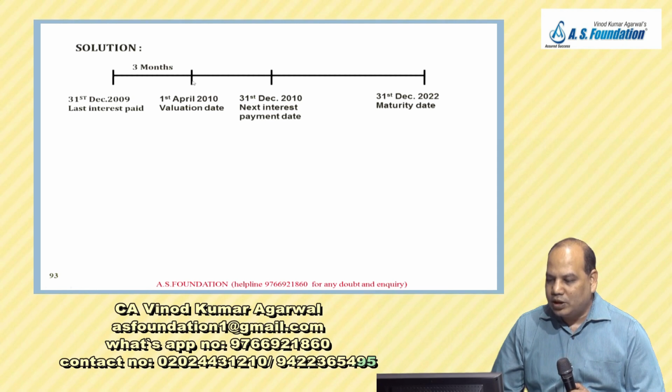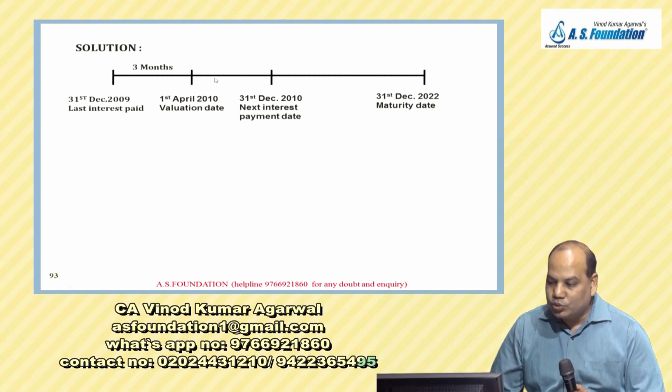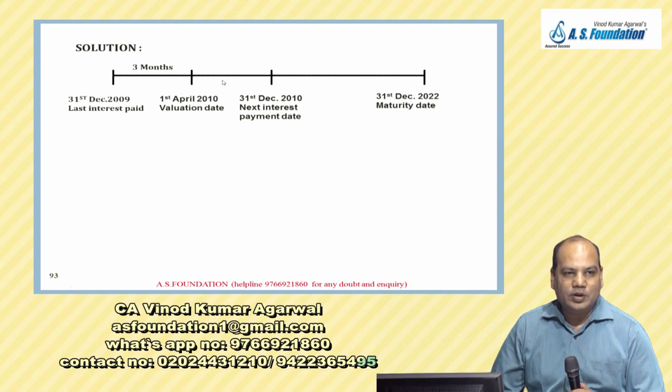Between coupon date and valuation date, there are 3 months. What is the second important date in this timeline? 1st April 2010. This is the valuation date. We have to find the value of the bond on 1st April. If they would have asked 31st December 2009, or 31st December 2010 also, it would have been easy. But between two dates, if they ask, some extra efforts will be required.